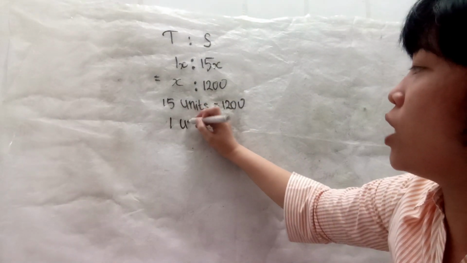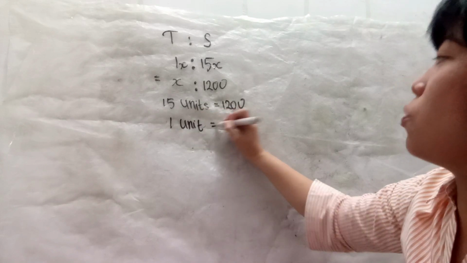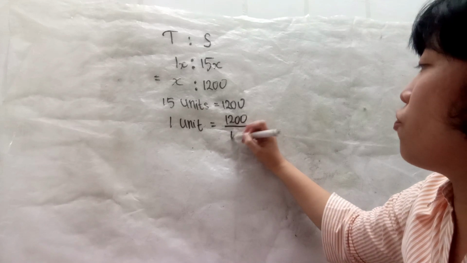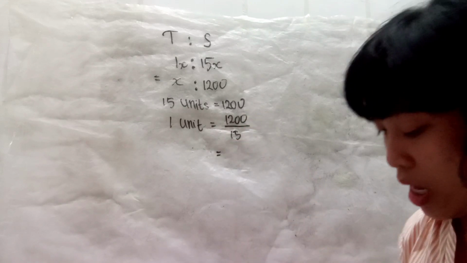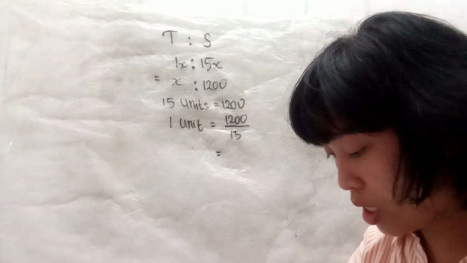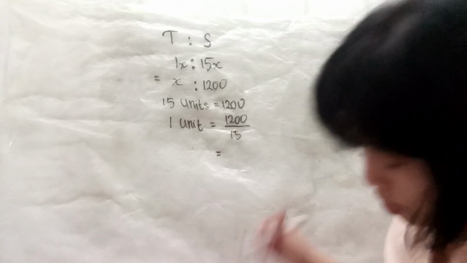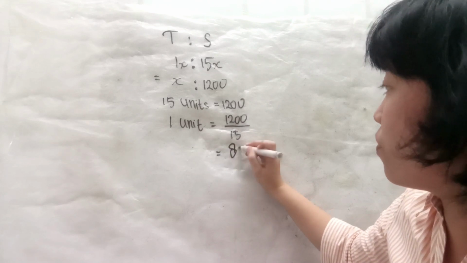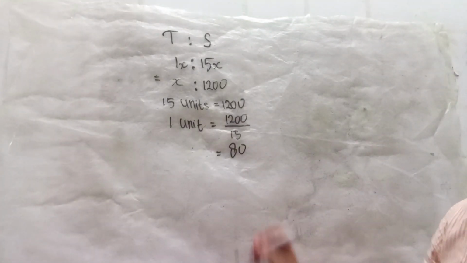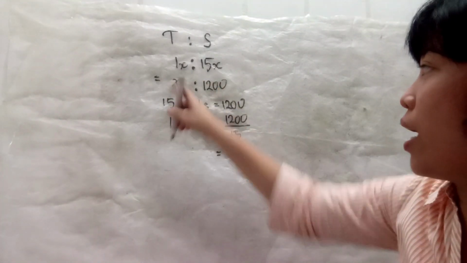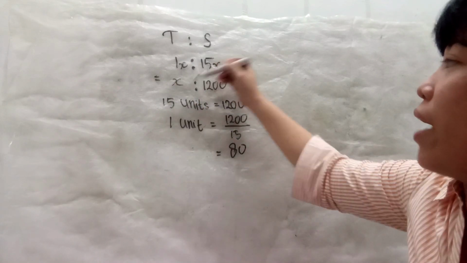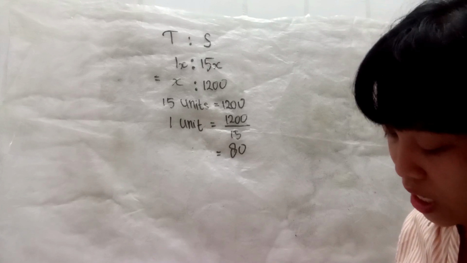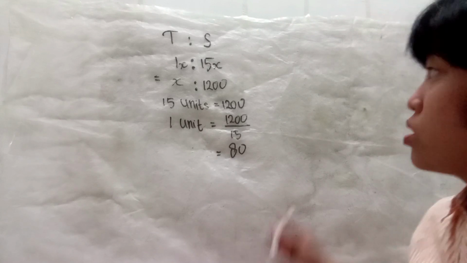Find for 1 unit. 1 unit equal to 1,200 divided by 15. Later you will get the answer is 80. So there are 80 teachers, 1 unit only, X. So X equal to 80. For the first one, there are 80 teachers.